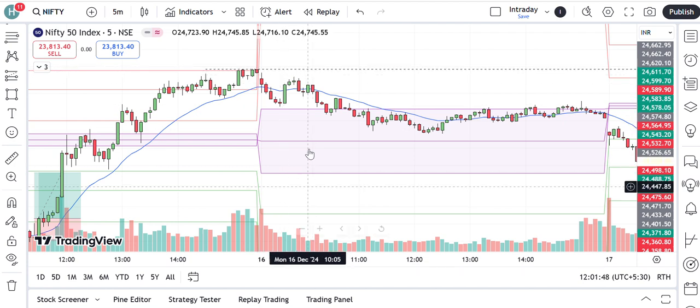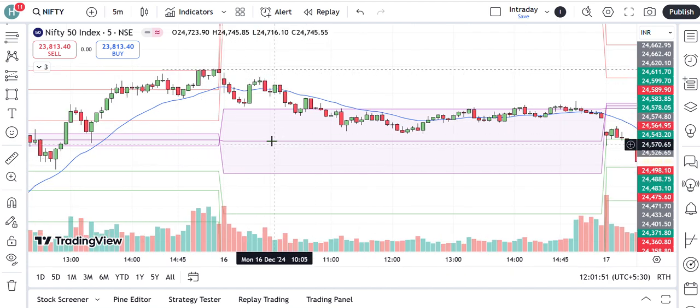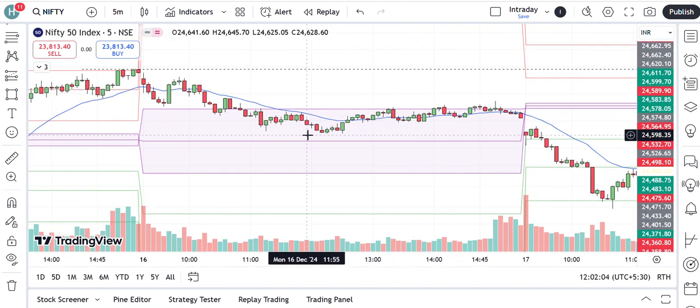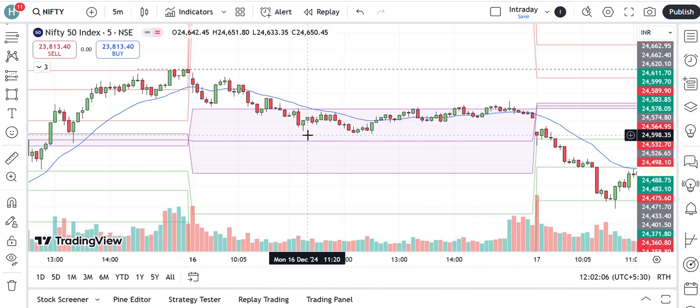So we have to wait for those two scenarios, because even if it goes from this point to this point, there is no trade, because no trade inside the CPR. So today is a no trade day, and you should analyze such days. 16 December was a sideways, no trade day.